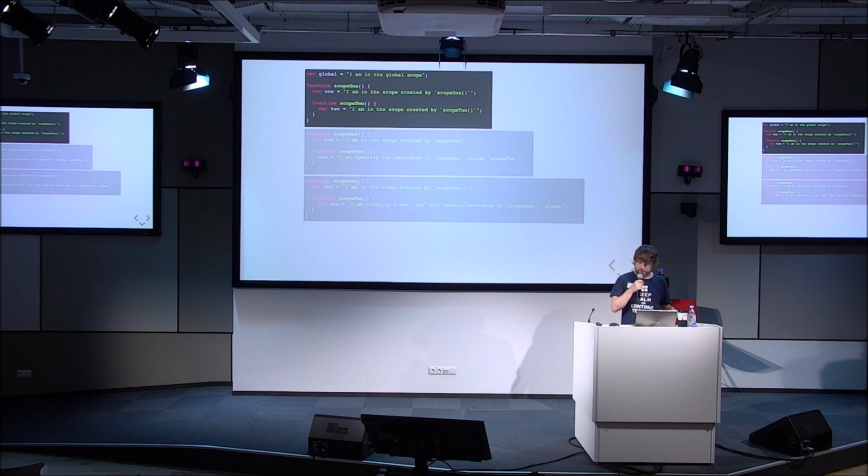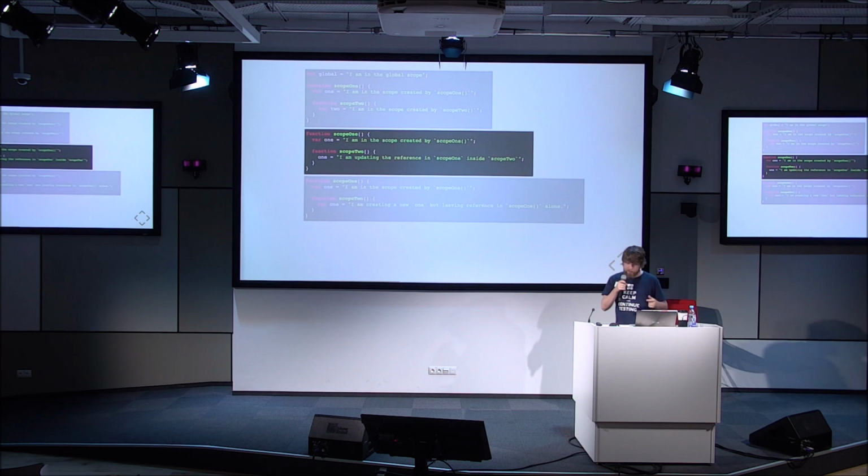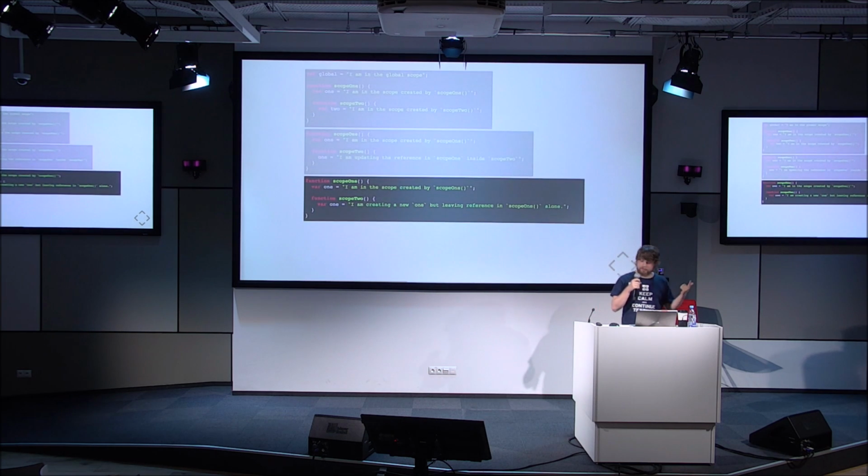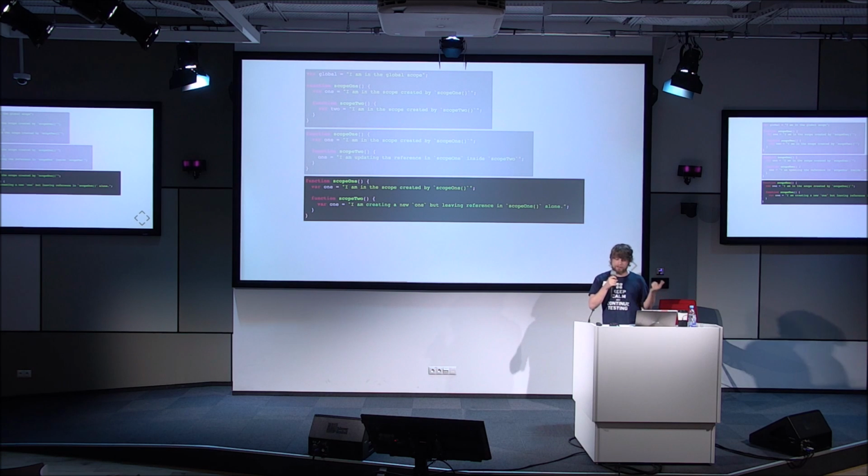It means that scope is also represented in a tree structure where each of those blocks creates a new scope. So here we have a global variable, a variable 1 declared in scope 1, and a variable 2 declared in scope 2. Code within a deeper scope may use a reference from the upper scope, and the lower scope might also create a reference of the same name without modifying it.